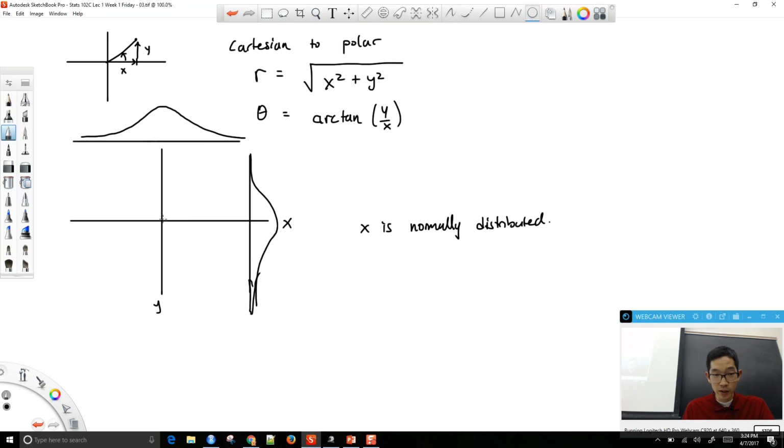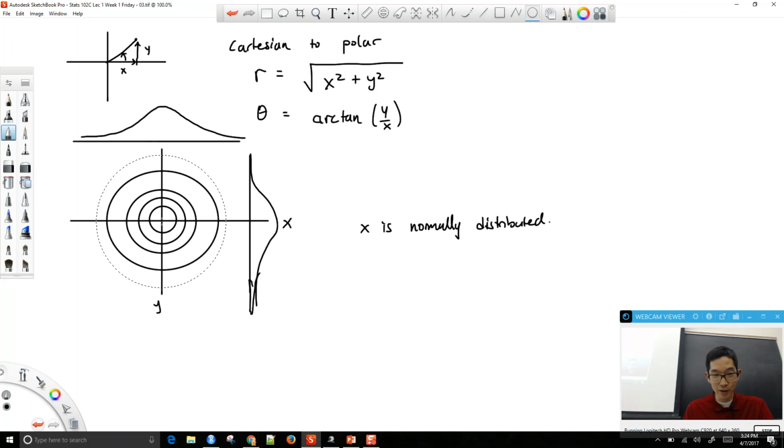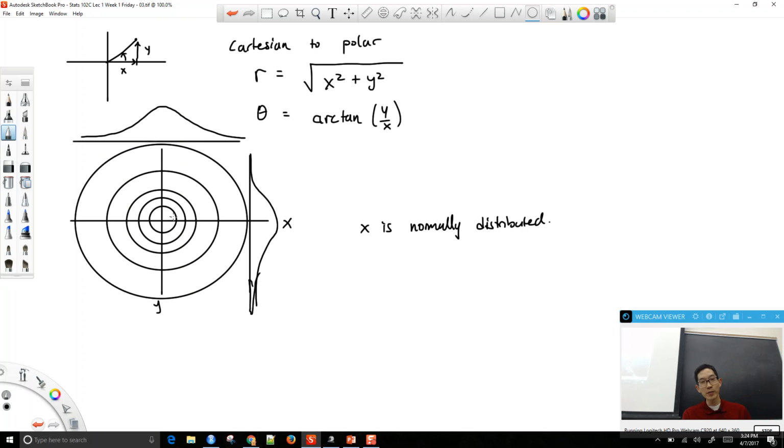And so we have a bivariate normal distribution. I don't know if this picture makes sense here. Okay, so we have a bivariate normal distribution centered at 0 here. Okay, this is the idea here.